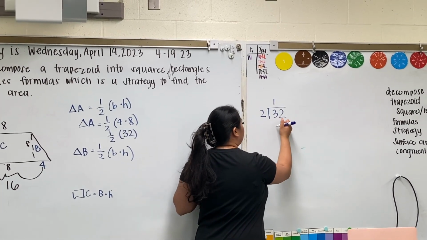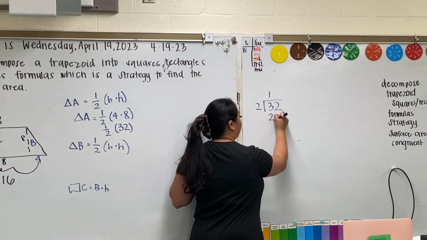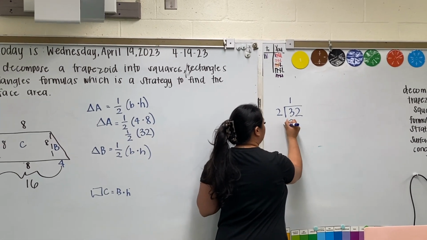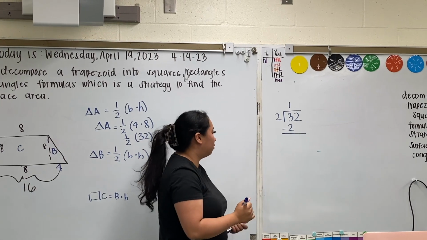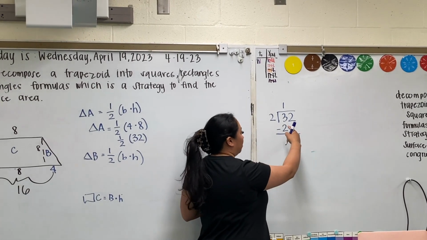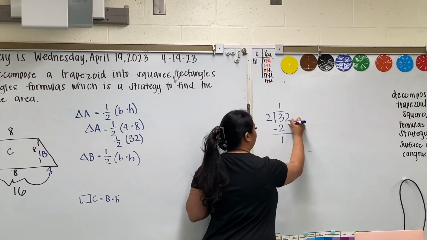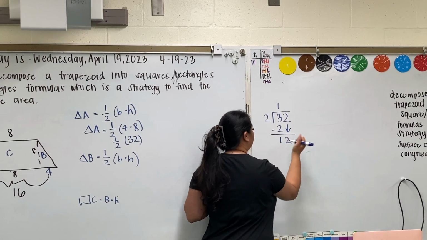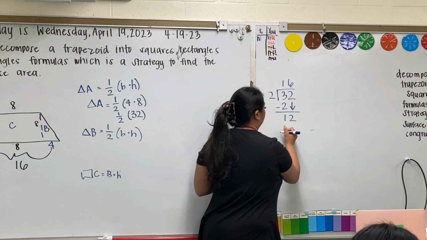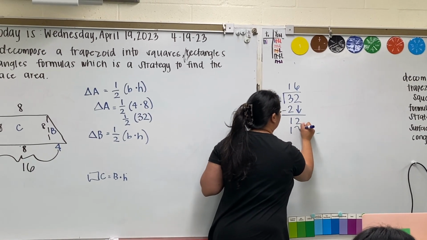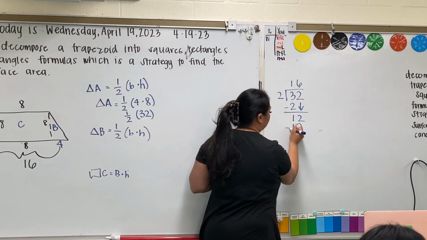2 times 1. And my operation is subtraction. Good. Subtract: 3 minus 2 is 1. Drop down the 2. Good. 2 into 12, how many times? 6. And 6 times 2 is 12. And my operation, subtraction.